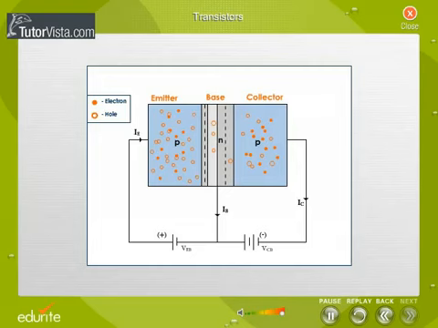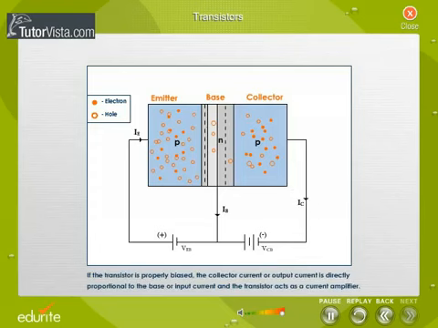If IE, IB, and IC are emitter current, base current, and collector current respectively, then the emitter current is given by IE = IB + IC. This base current IB is very small, but a small change in it can significantly change the collector current IC.